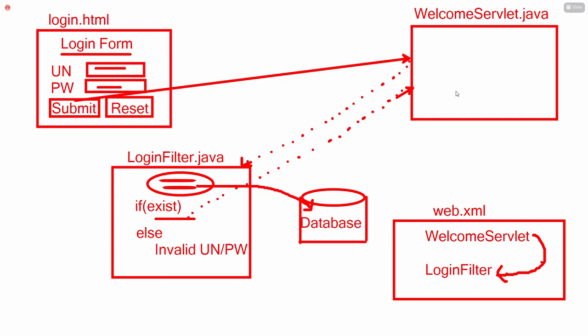Control is diverted. It comes here, this username and password is received. It will check in the database. If it exists, and any other filter is configured here, execute the other filter. If not configured, from wherever control came, send it back there. Then it will come back, and then it will display welcome username.